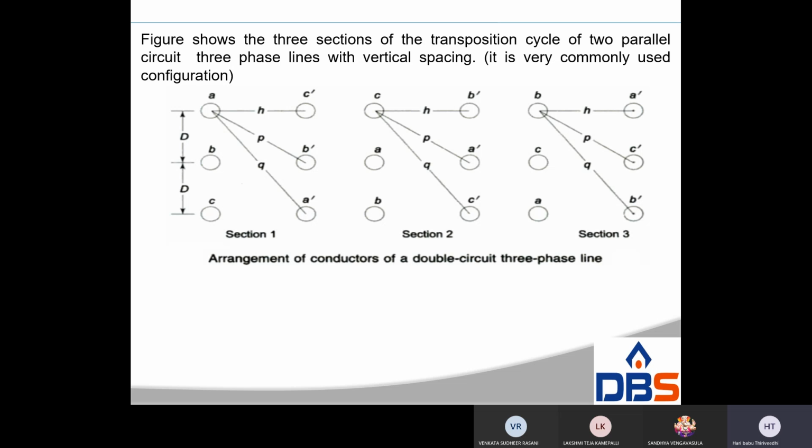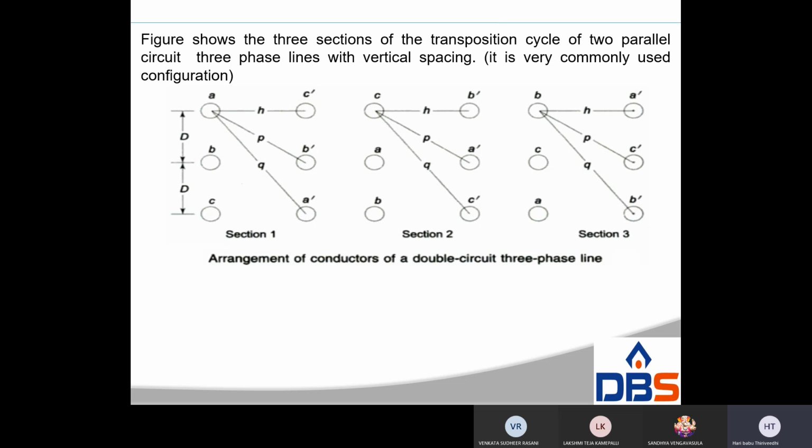Similarly, for B, self GMD of BB dash is DS2. So observe it: DBB, DBB dash, DB dash B, DB dash B dash, whole power 1 by 4.